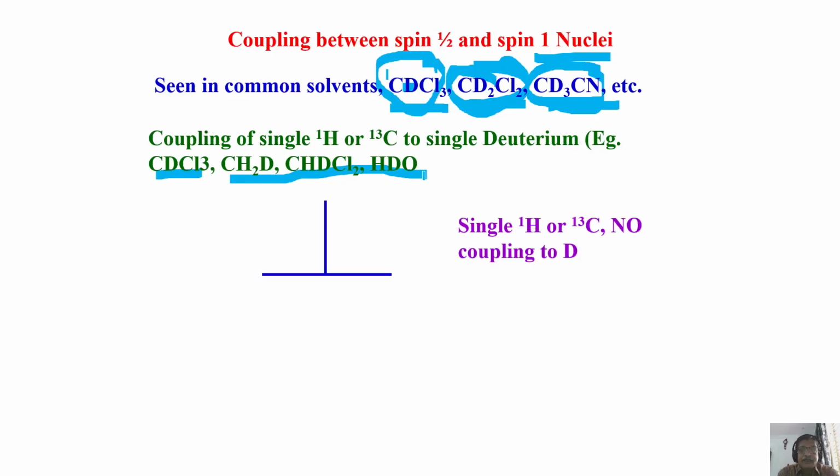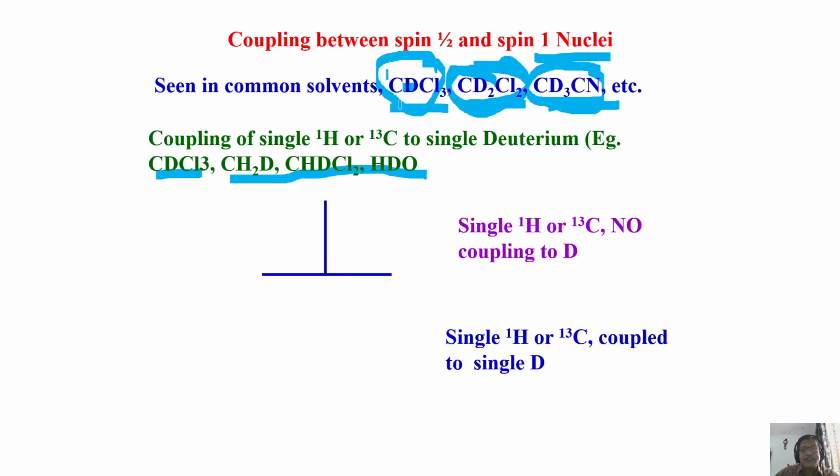Now, let us take any of these molecules containing a single proton or single carbon, for example CHCl3 or CDCl3. Without coupling to deuterium, carbon will give a single peak. I will not bring in coupling, then you will get only a single peak. Now we will bring in the coupling.